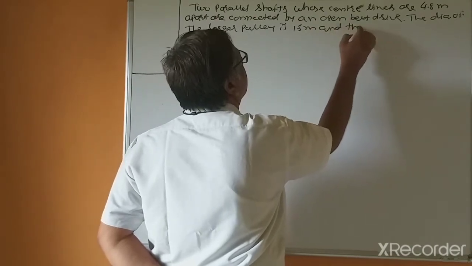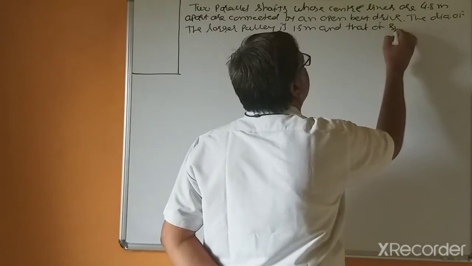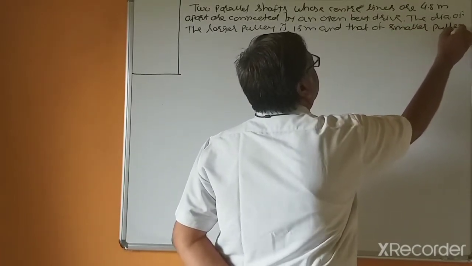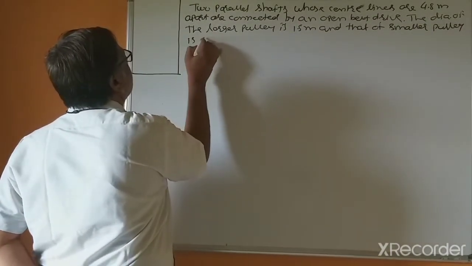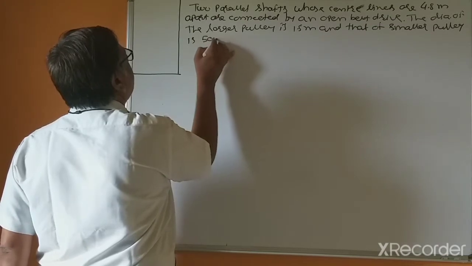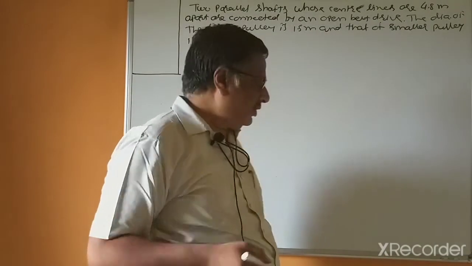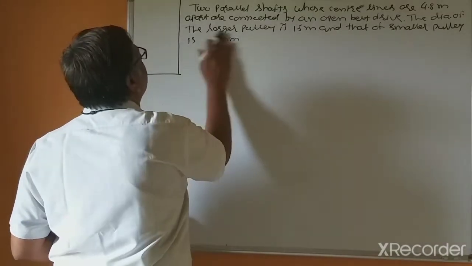and that of the smaller pulley is 500 mm. So here velocity ratio equal to 1:3, or this is 1 meter given.